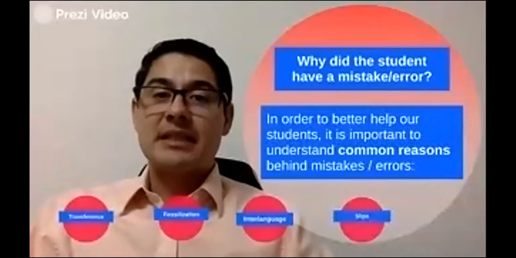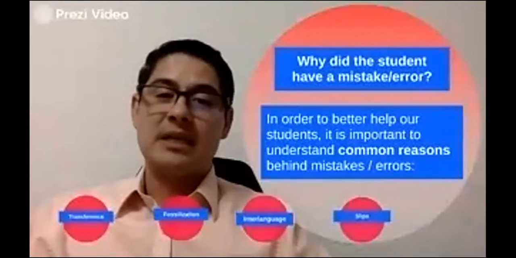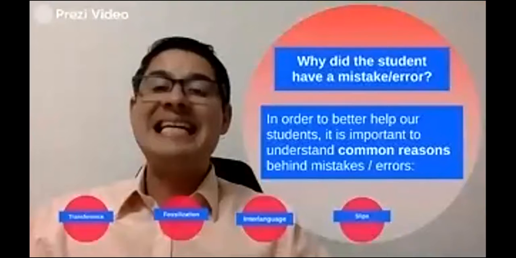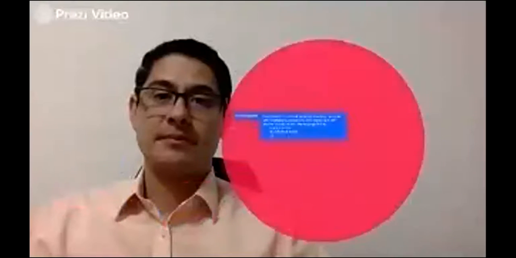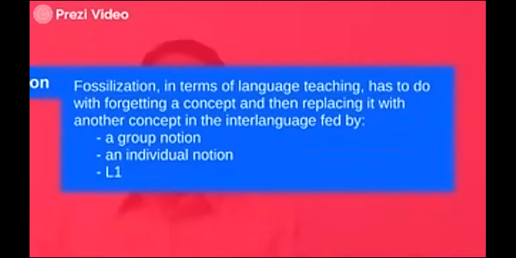The next aspect that is a reason why students can have mistakes or errors is fossilization. Fossilization has to do with information you learned in the past, but you don't use it correctly in the present.